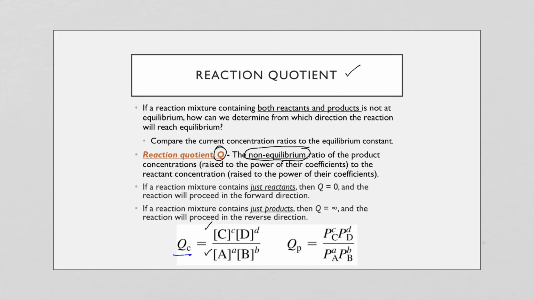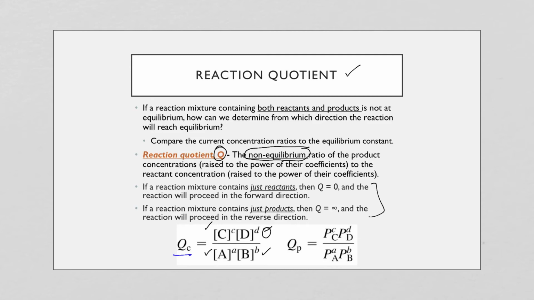Now, the two extreme conditions that I mentioned was if we do just start with reactants, so we only have a value on the bottom here, and of course the top would be 0 if we don't have any products.